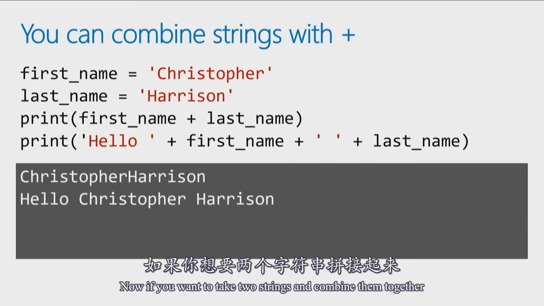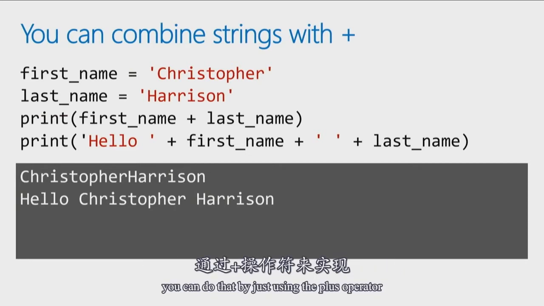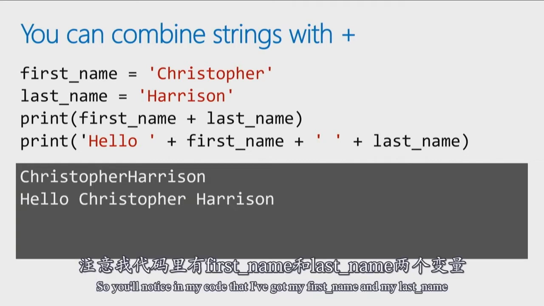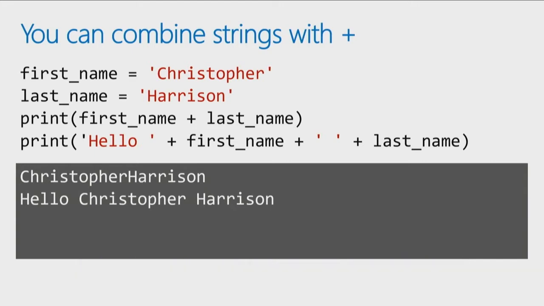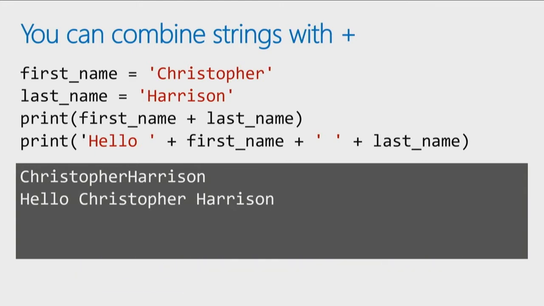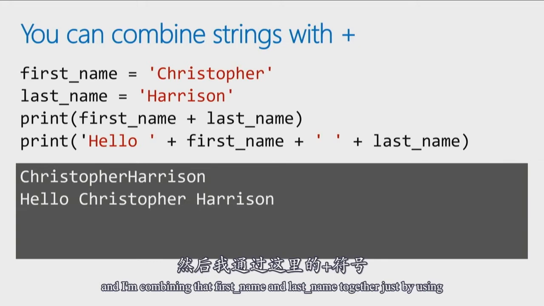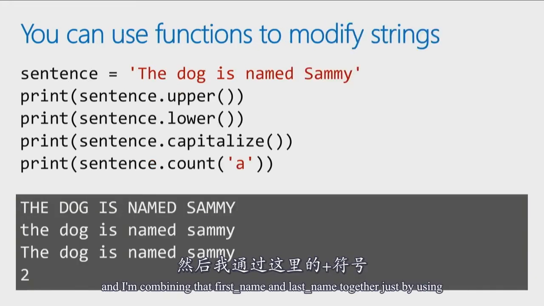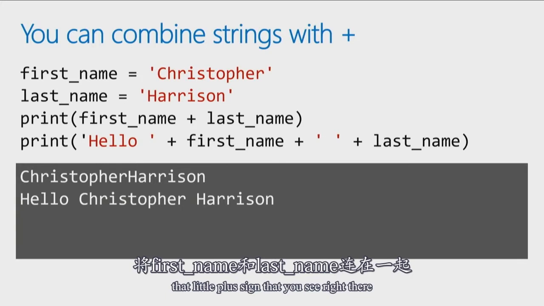Now, if you want to take two strings and combine them together, you can do that by just using the plus operator. So you'll notice in my code that I've got my first name and my last name. And then you'll notice that I'm calling print, and I'm combining that first name and that last name together just by using that little plus sign that you see right there.